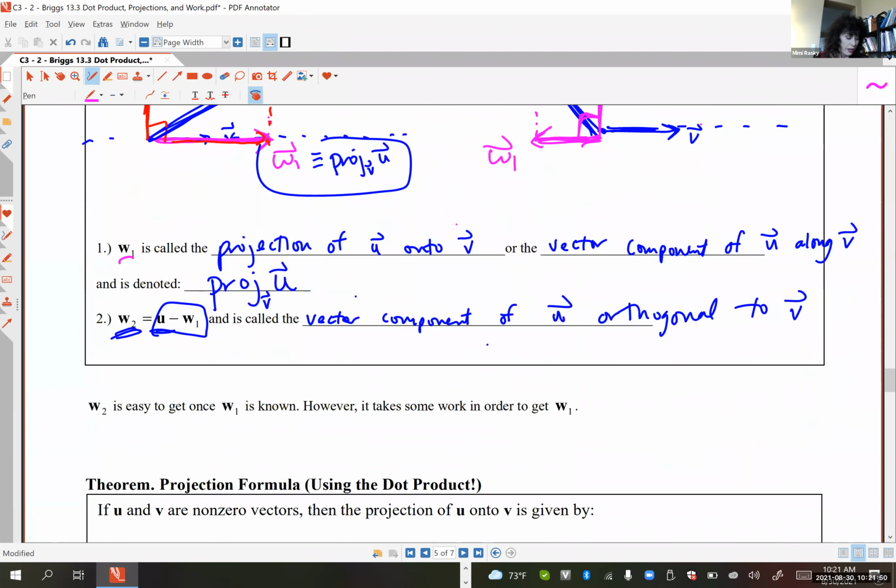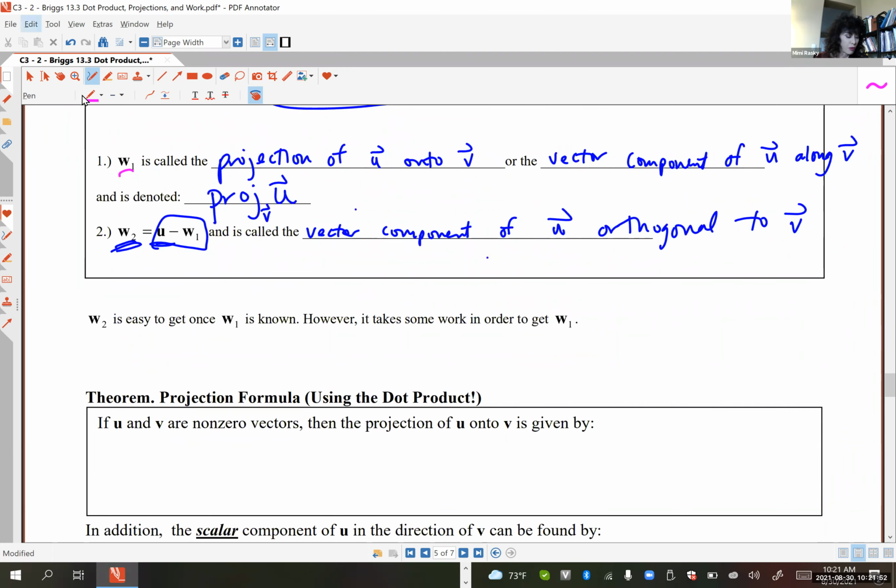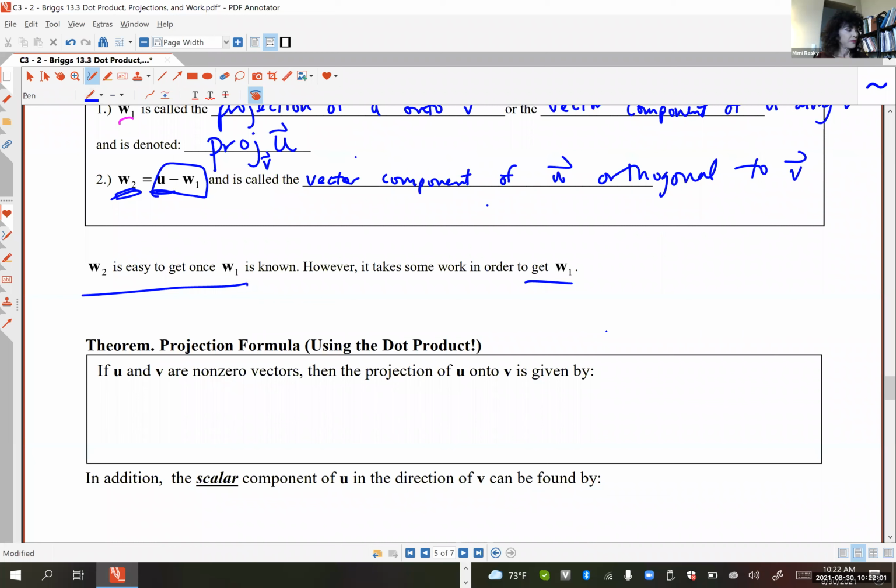Okay, so now let's get to the big formula. Okay, so W2 is easy to get if you have W1, but W1 is the hard one. So how do you get W1? You're going to use one of two handy formulas, and I don't care which one, but you're going to go proj of U onto V is going to equal a scalar, which is in parentheses here, the scalar, multiplied by a vector.